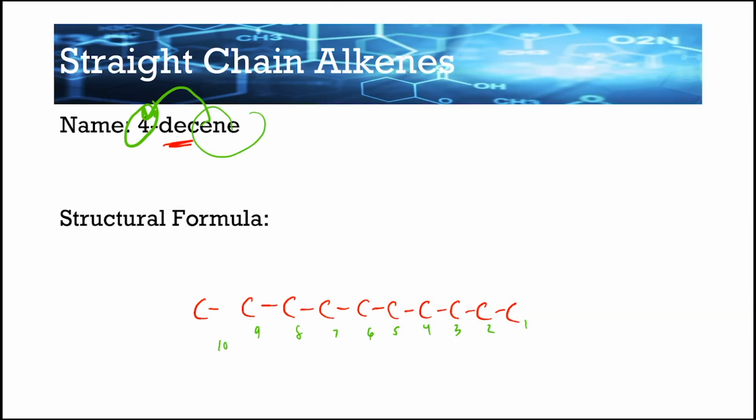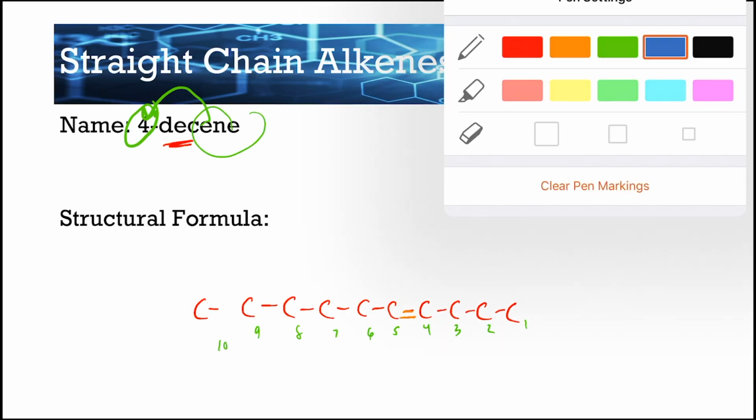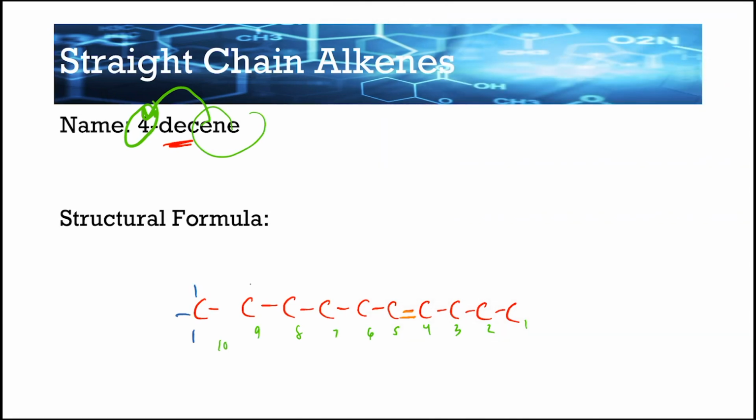So carbon number 4 is right here. So the double bond starts at 4 and goes to 5. Now, you can add in your H's everywhere else. Again, I'm not going to draw every single actual letter H in. I do not want to be here forever, and neither do you. And there you go. That is your 4-decene.